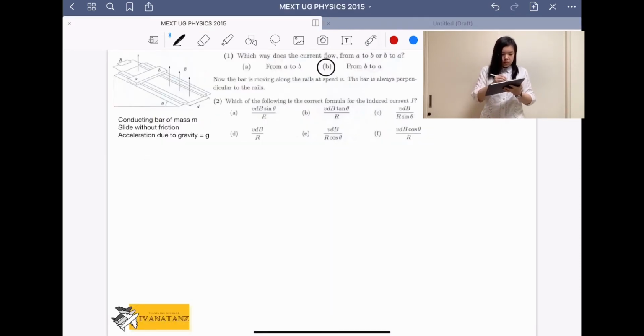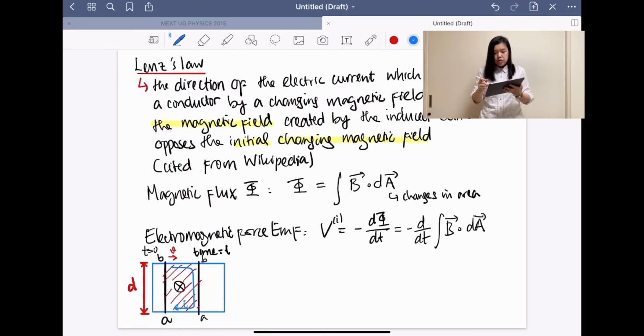Let's redraw this so you can see it clearer. This is the inclined plane, and here is the theta. We have the bar over here, the conducting bar, and we have the magnetic field going upward like this. So in our formula just now we have B dot dA.